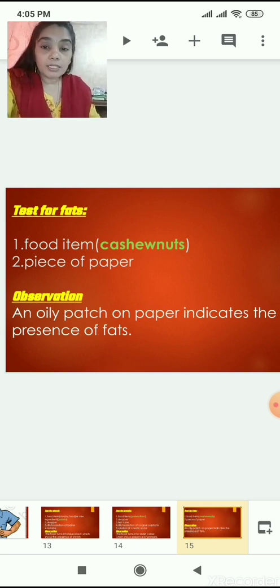Why are we eating a variety of meals to get so many nutrients? Why are we eating every day, every time? Just to remain healthy? Yes, of course, to remain healthy. In the next session, we will discuss what these nutrients do to our body.